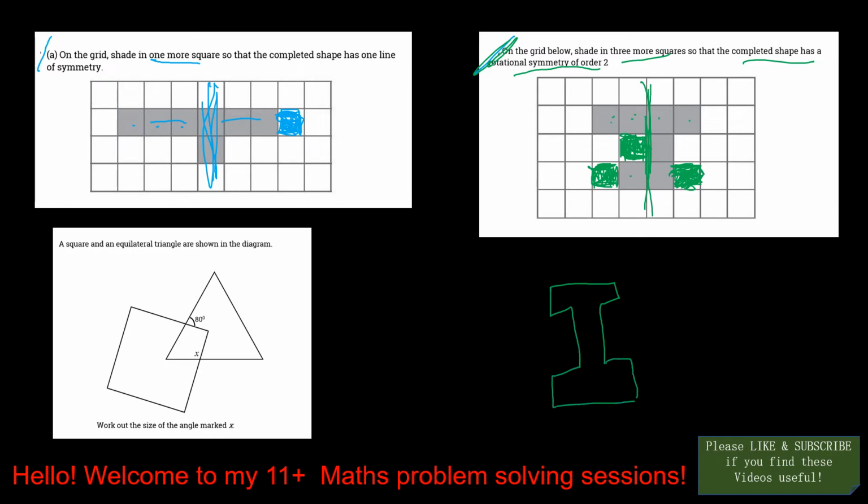This is order 1. If I turn it by 90 degrees, it will be something like this. And then again, if I give it another 90 degree turn, it will become something like this.